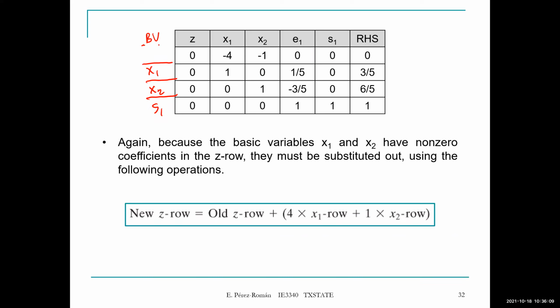What this is saying, I'm going to multiply this by 4 and then add that to row 0. And we're going to multiply this by 1 and add that to row 0. So we can make this equal to 0, and we can make this equal to 0.